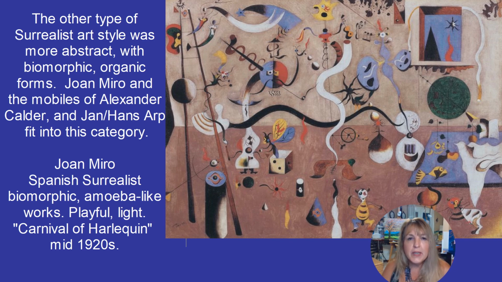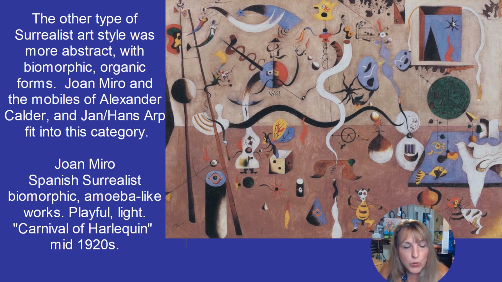When he would be in Germany, or when he would be in, is it Switzerland? He would tend to use the H, and when he was in France, he would tend to use the J. Yeah, that's not confusing or anything. But yes, or we could just say Arp. But he was also a sculptor that had a very organic feel to his work.